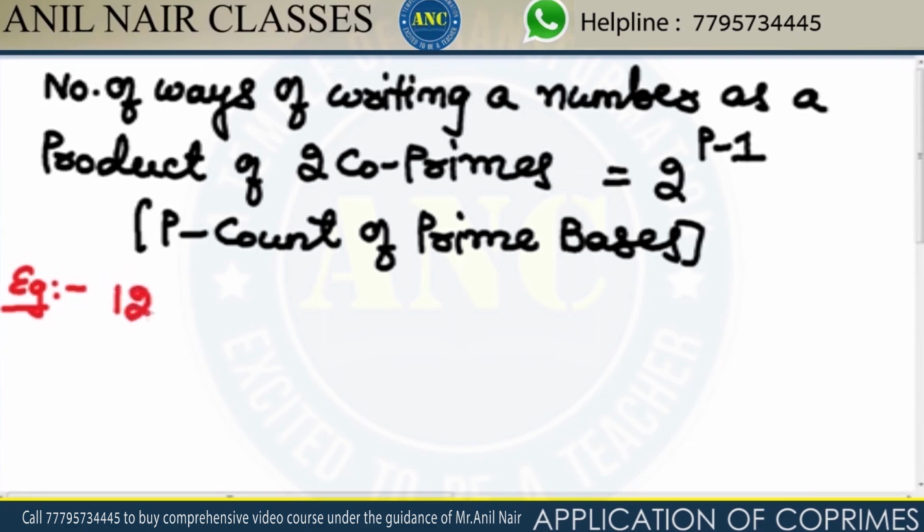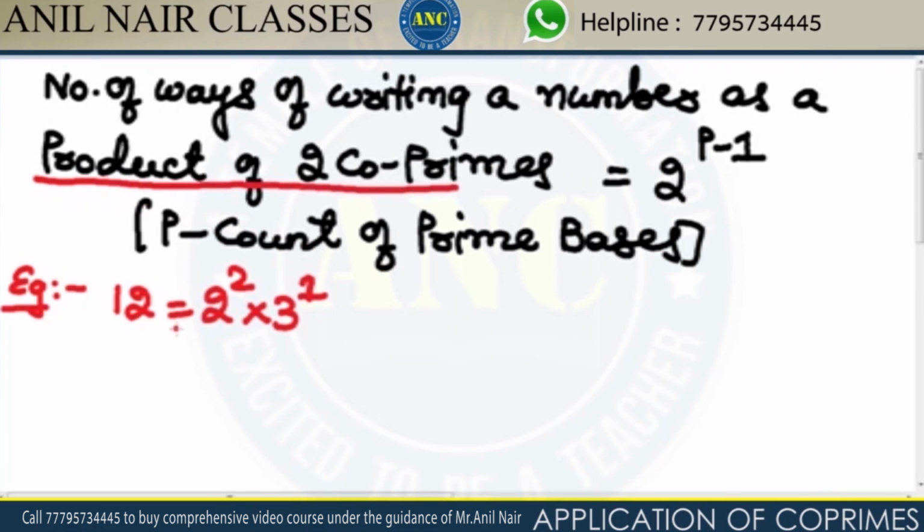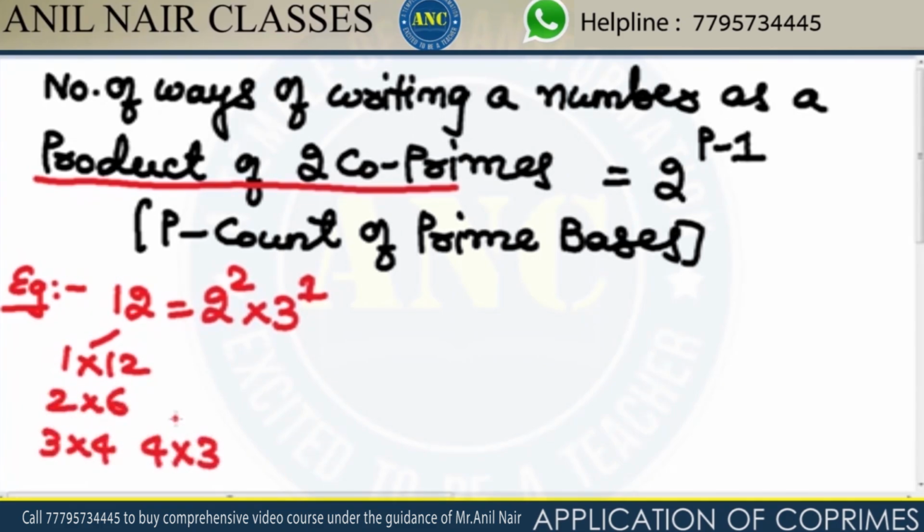Suppose see here, 12 is nothing but 2 square into 3 power 1. We have to write it as a product of coprimes. Now this is 1 into 12, 2 into 6, 3 into 4, 4 into 3, 6 into 2, 12 into 1.